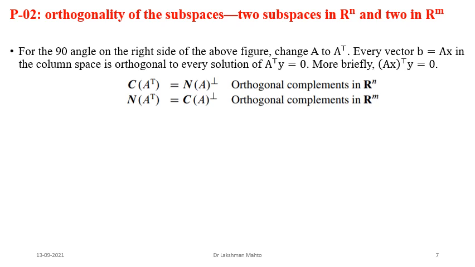Similarly, the orthogonal complement of the left null space would be the column space, and the orthogonal complement of the column space would be the left null space. So these two are orthogonal complements of each other, and these two are orthogonal complements of each other. This is part 2 of the fundamental theorem of linear algebra.